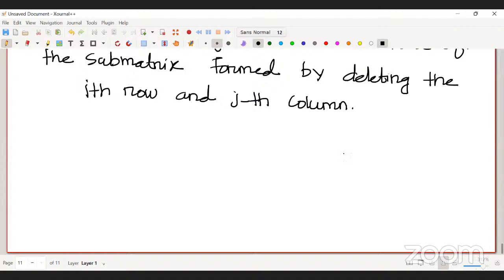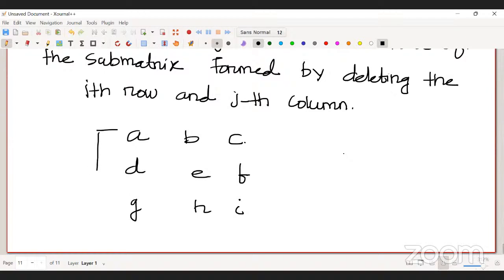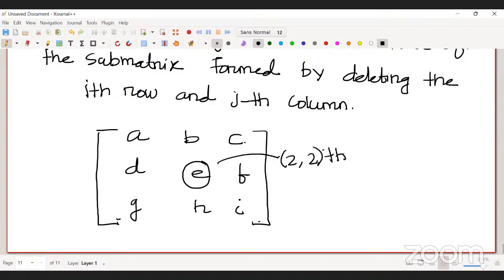Suppose you have a matrix A, B, C, D, E, F, G, H, I. This is a 3 cross 3 matrix. Obviously, I can only talk about minors and cofactors for a square matrix. Suppose I want to compute the minor of this E, the 2, 2th entry. What do I have to do?